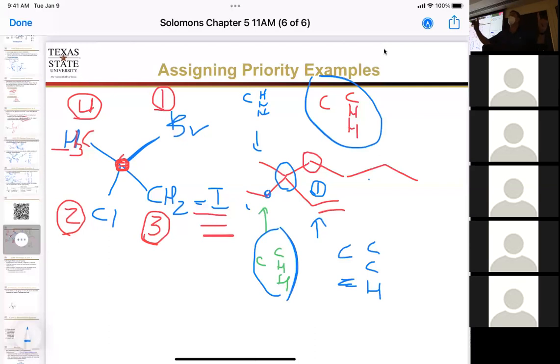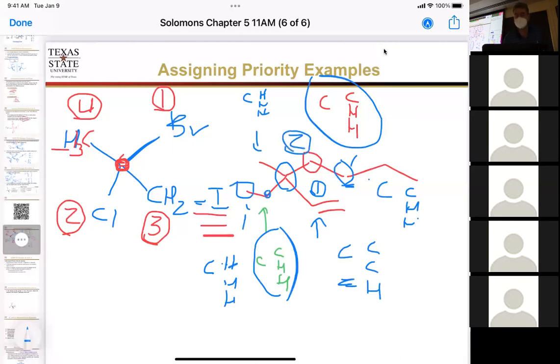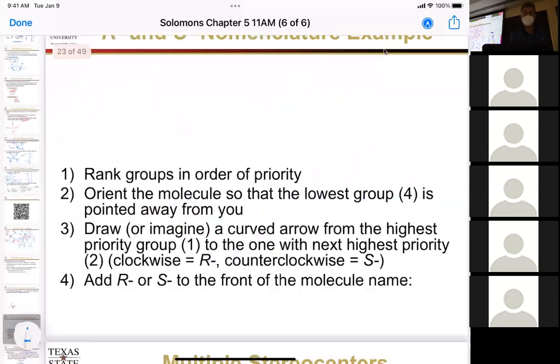So we have to go out one more. And if we go out to this one and this one right here, this is going to give us a C with an HHH on it. This is going to give us a C with a CHH on it. That makes this priority. So this is going to be 2. This is going to be 3, and this is going to be 4. Okay, so we see how to do the prioritization.